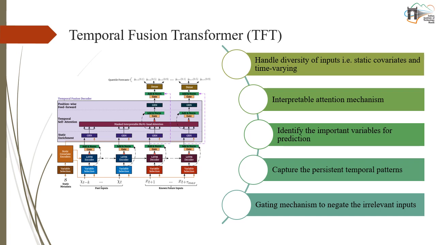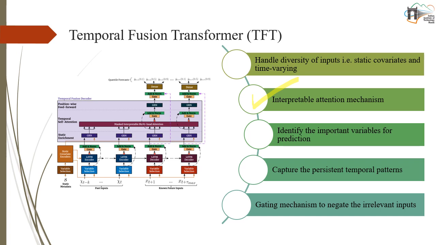Now, the next thing is this interpretable attention mechanism. How it works, I will be telling very deeply in the next slides. But basically, it utilizes an attention mechanism which allows users to gain insights into how the model makes predictions. The attention mechanism identifies the important variables and components within the input data that contribute significantly to the forecast.